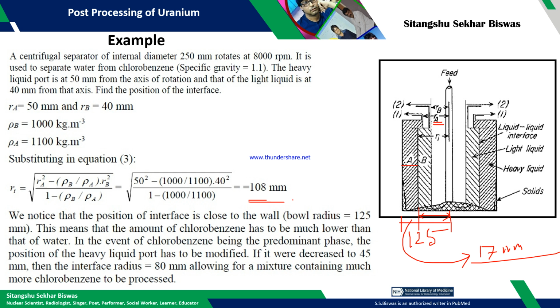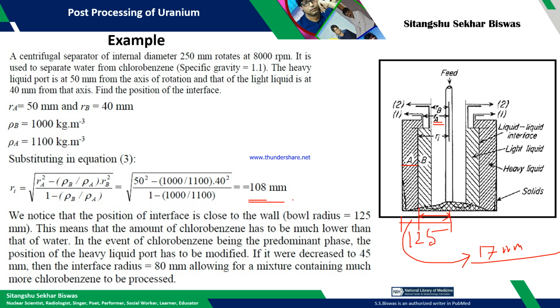But if the volumetric ratio of liquid A is much more, then it may not be possible to accommodate it. The equilibrium will not take place properly, or it will be difficult to separate it out.